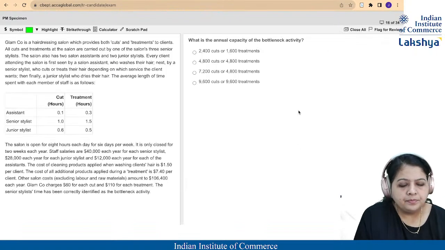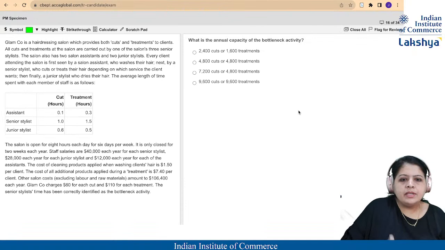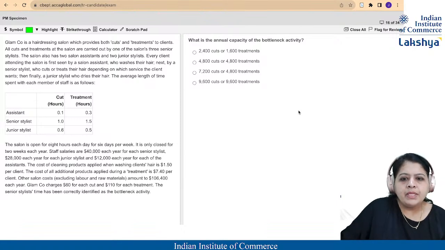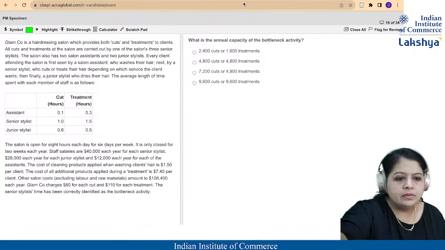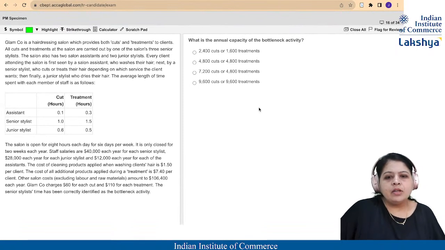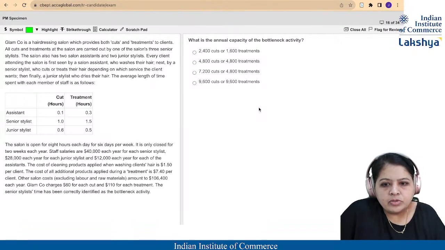Let's first understand the scenario in one glance and then look at the questions, okay? So what does the question say? Glam Company is a hairdressing salon which provides cuts and treatments to clients.